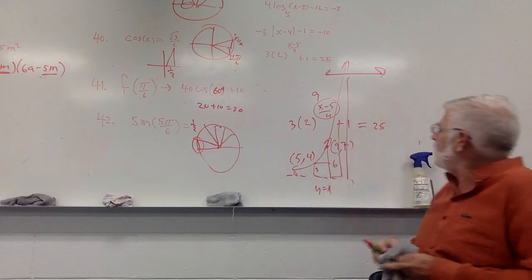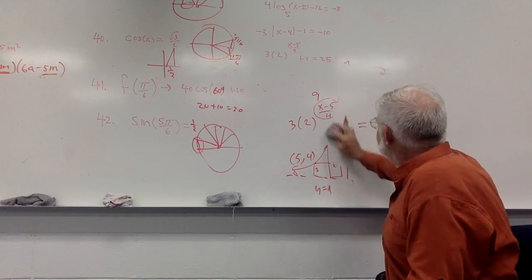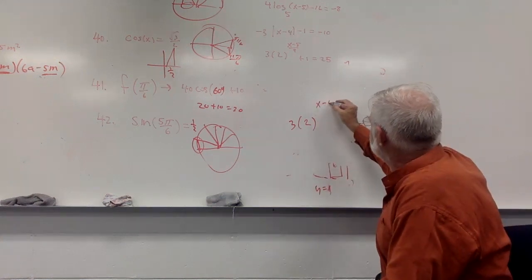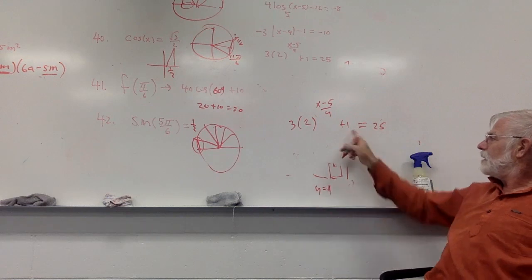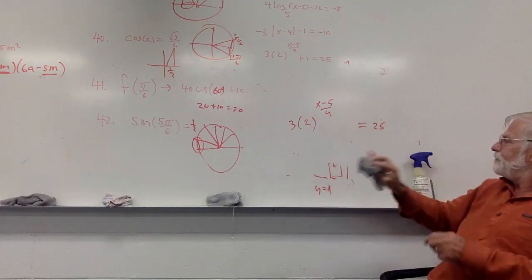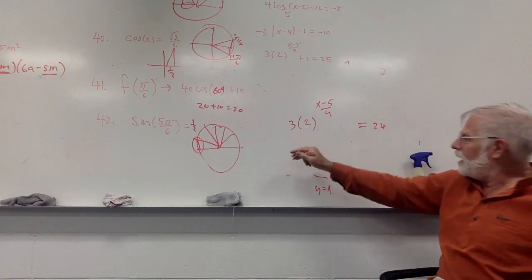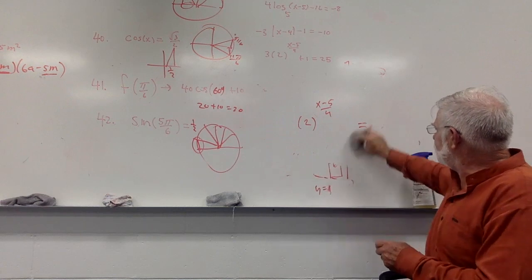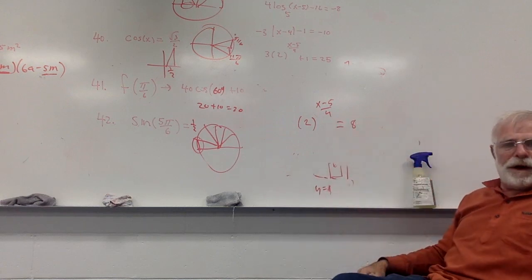Let's actually solve the equation. All right. What's the first thing you're going to do? Move the 1 to the other side. Now it's 24. What are you going to do next? You're going to divide by 3. Now it's 8. What's the inverse of 2 to the?